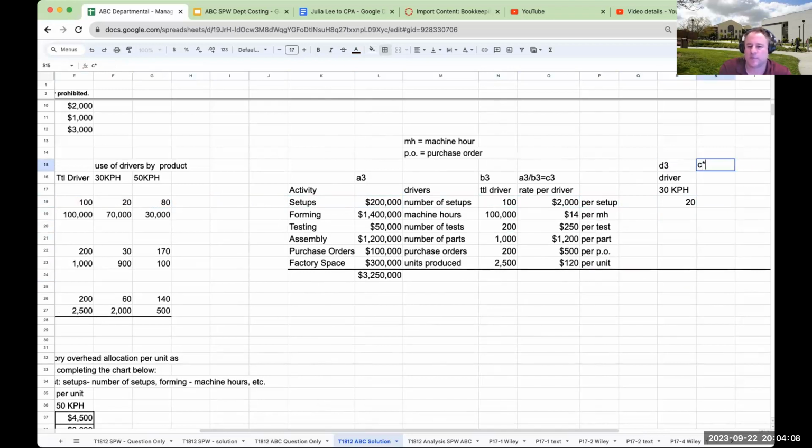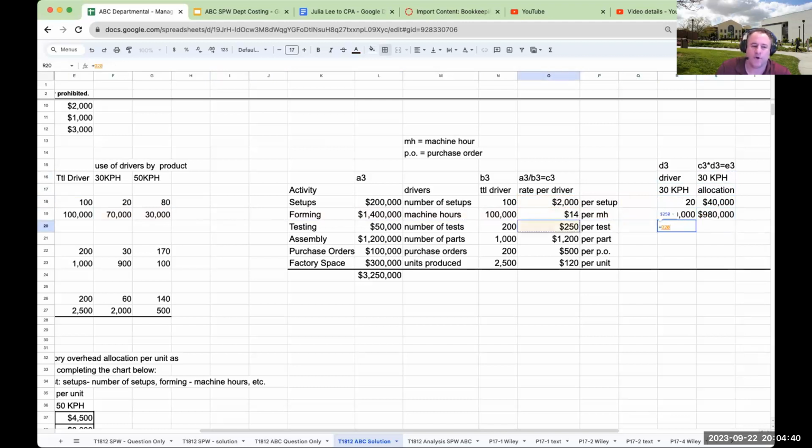When I take C3, which is the rate per driver, times D3, this is going to give me my allocation. This is the 30 kph allocation. So I'm going to take 2,000 times 20. It's going to give me 40,000. This next one over here is based on machine hours. I had 70,000 machine hours for the forming area. So my overhead allocation is going to be 980,000.